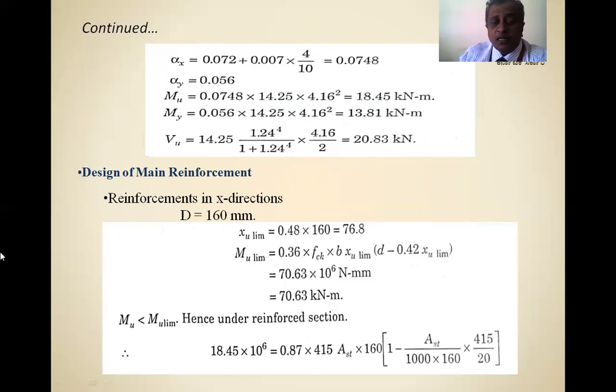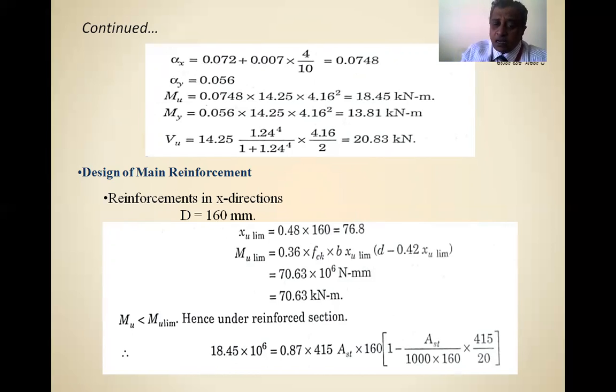So now the point is to design the main steel. Now for reinforcement in the X direction, d is equal to 160 mm, and we have XU limit equal to 0.48 into 160 mm. So this is the limiting value. Mu is equal to 0.138 fck b d square. How does it arise?